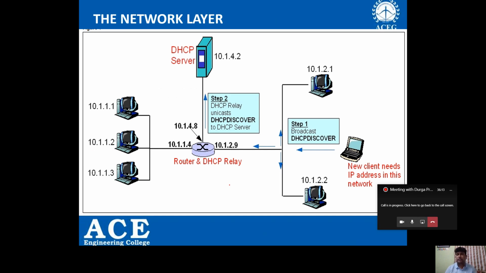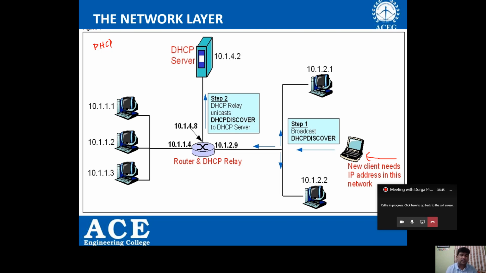Now the one which is helping us to get the IP address assigned, we call it dynamic host configuration protocol. Now let us look at an example where I have just come from outside and I want to join one of the networks. So a new client here would like to get an IP address. Now how do we get an IP address assigned to it? So once I join a particular network, I don't know who is the DHCP server which will be allotting me the IP address.